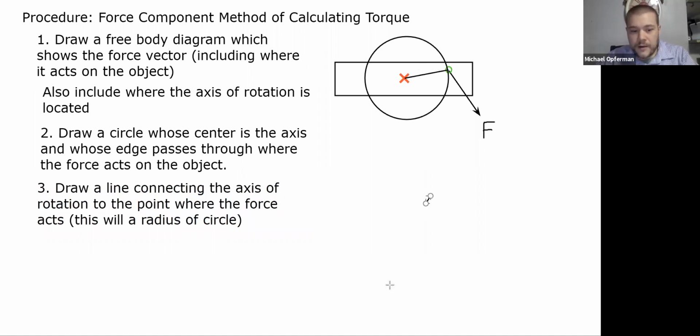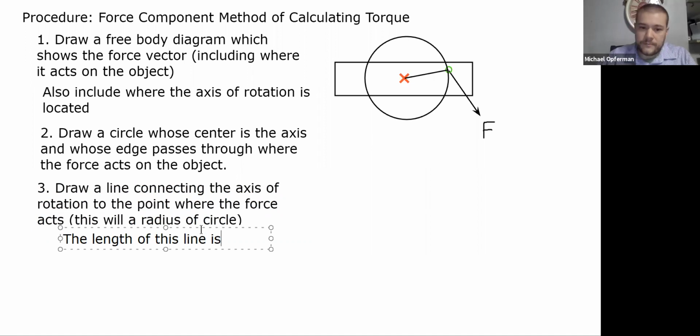So that line right there. The length of this line is what I was calling L in the previous video. So the length of this line we are going to call L. So this guy is L.